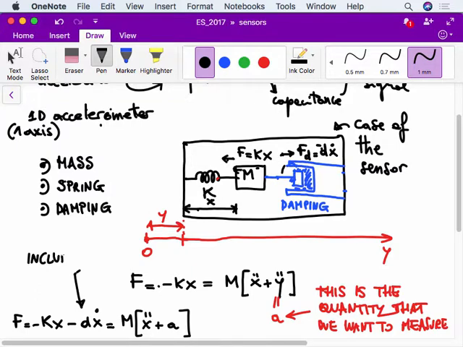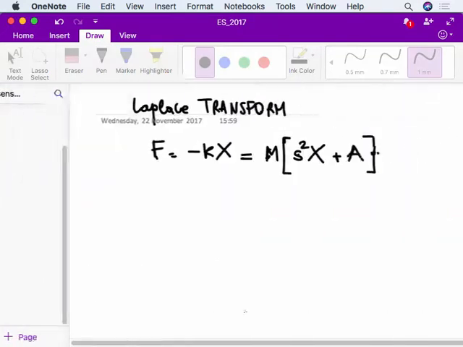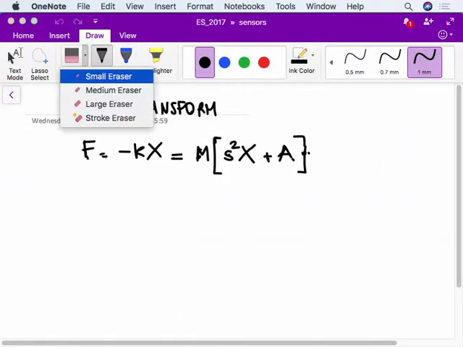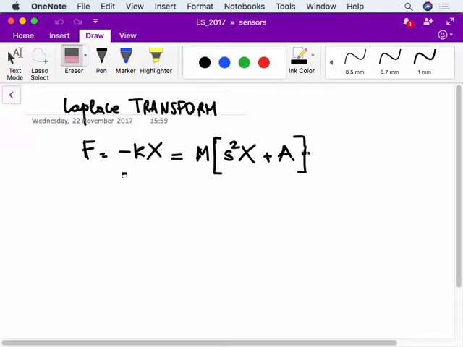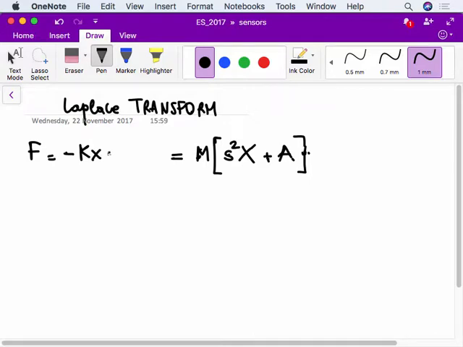This is including the damping term. Okay, if I include the damping, this becomes minus d s X. Let me write it here. It's F is equal to minus kX minus, this is big X, minus d s X.